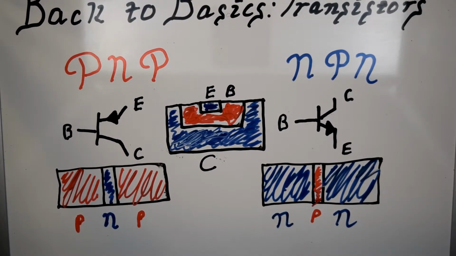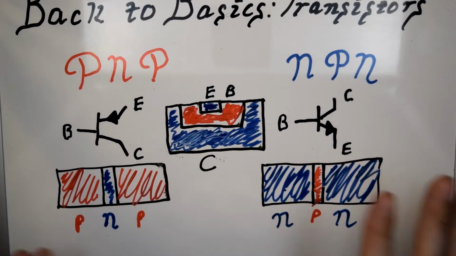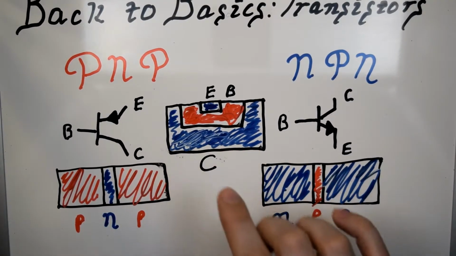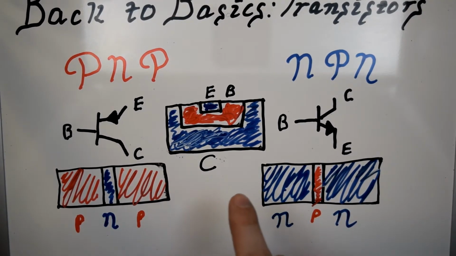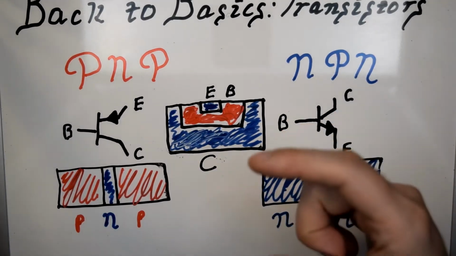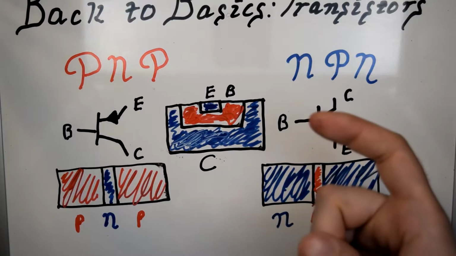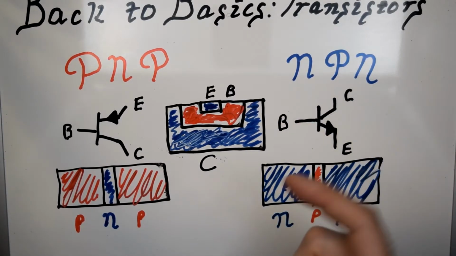Alright, I'm back. I just needed to check something on the construction of transistors really quickly. So this is the more modern way of building a transistor. It's the epitaxial. Most modern transistors will say PNP epitaxial transistor or NPN epitaxial.